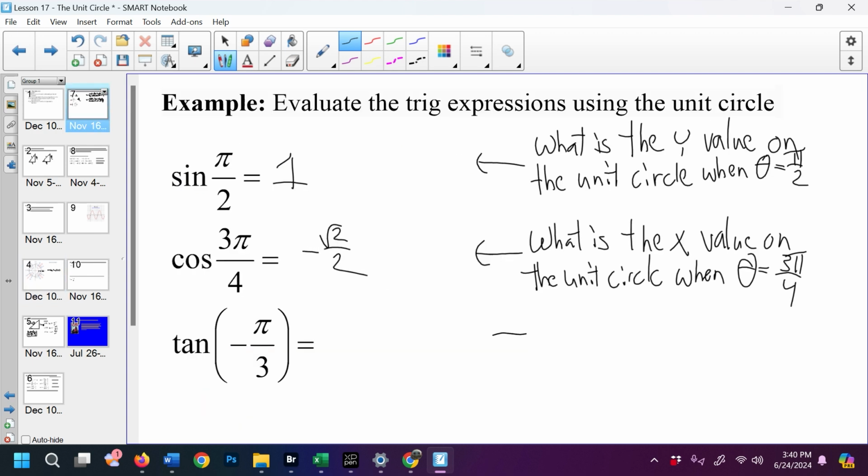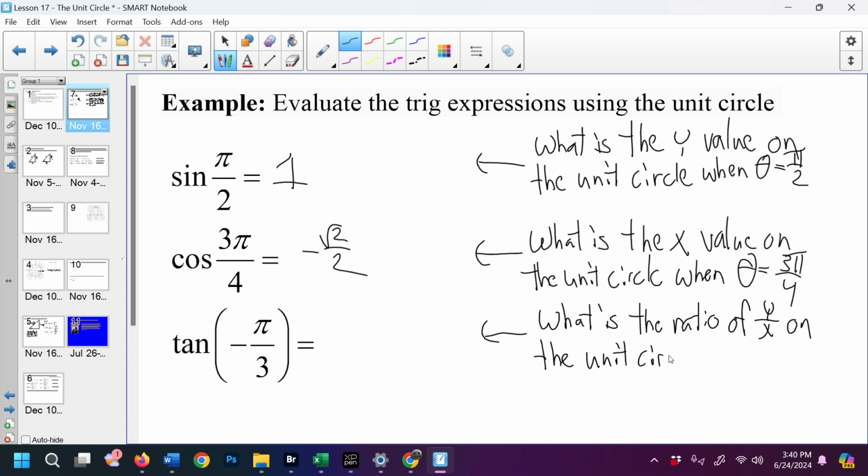Last example on this page. Says, what is the ratio of y to x on the unit circle when theta equals negative pi over 3.